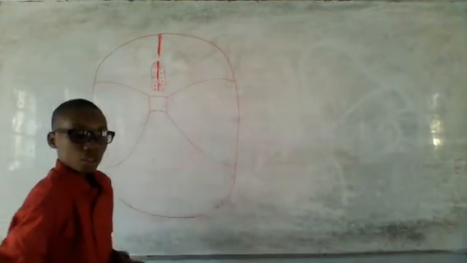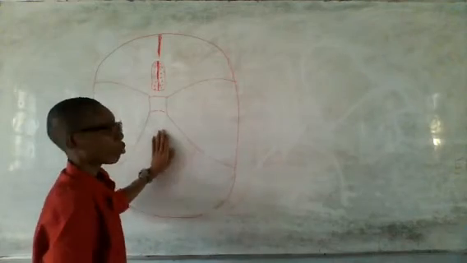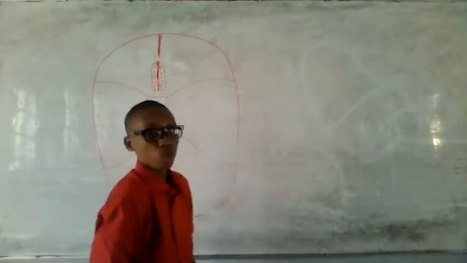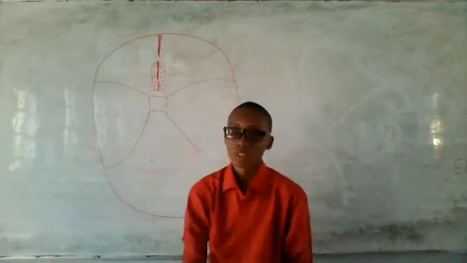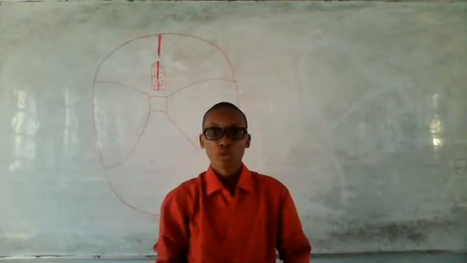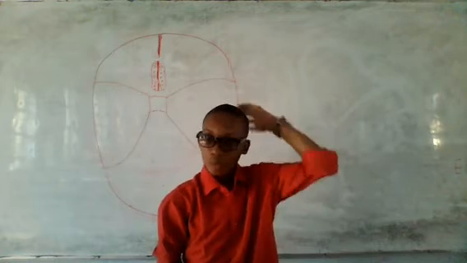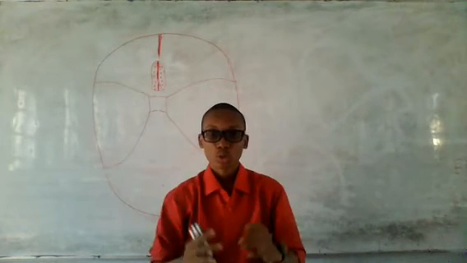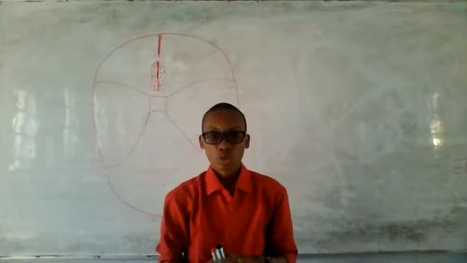So this is the basic makeup of the base of the skull. What I drew now is, let's assume, my anterior view. Let's assume you're seeing my skull. This is the anterior view of my skull.